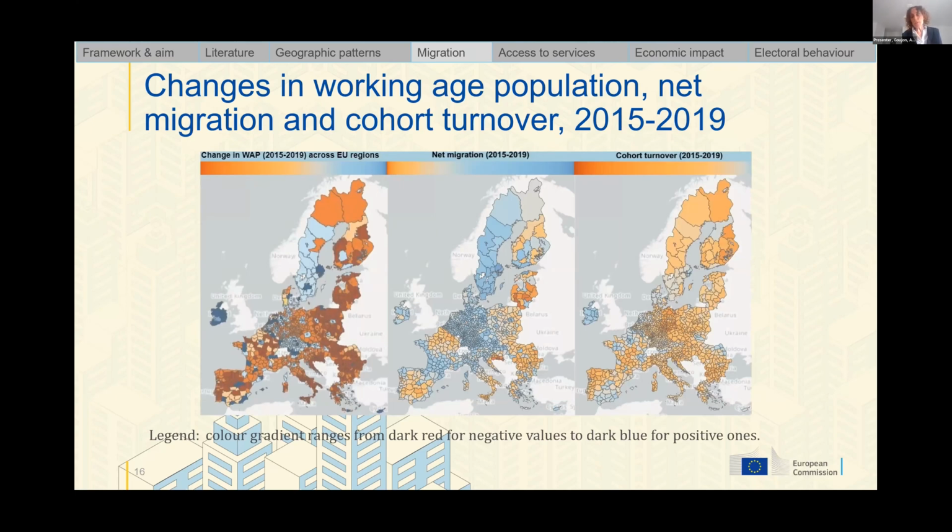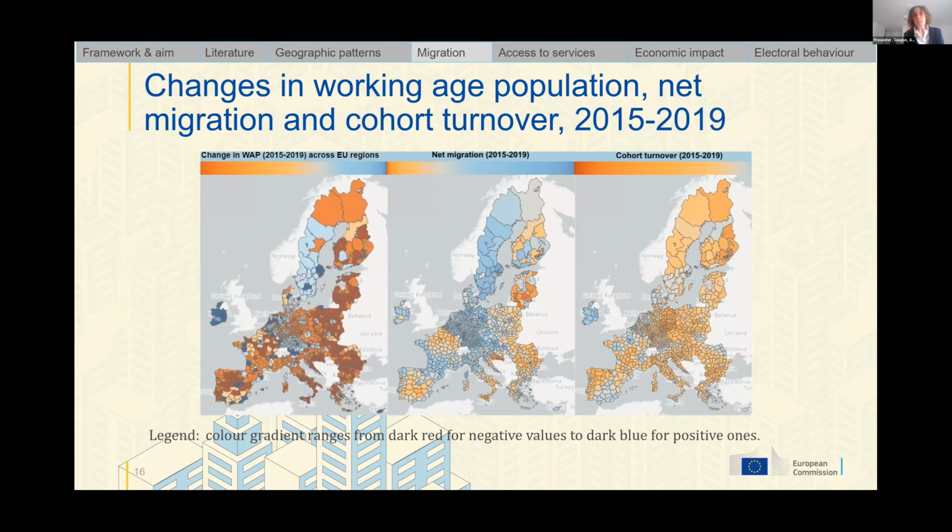On these maps, you see the change in the working age population, in net migration, and in cohort turnover between 2015 and 2019. It's a short window that we are looking at.